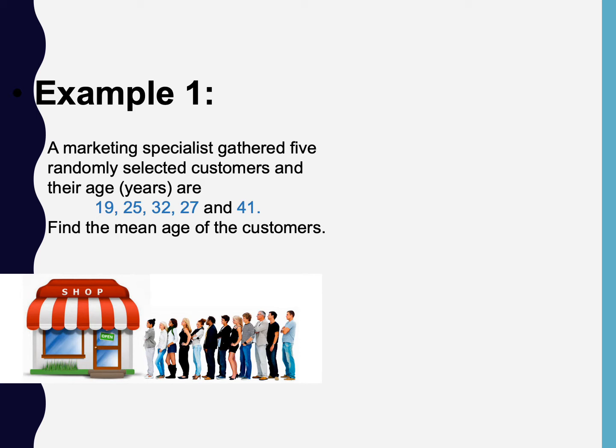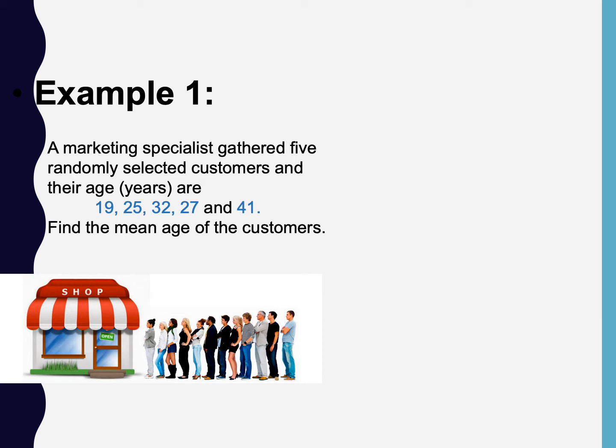Let's take a look at this example. A marketing specialist gathered 5 randomly selected customers, and their ages in years are the following. Find the mean age of the customers. First, you have to identify what type of mean you are going to solve.